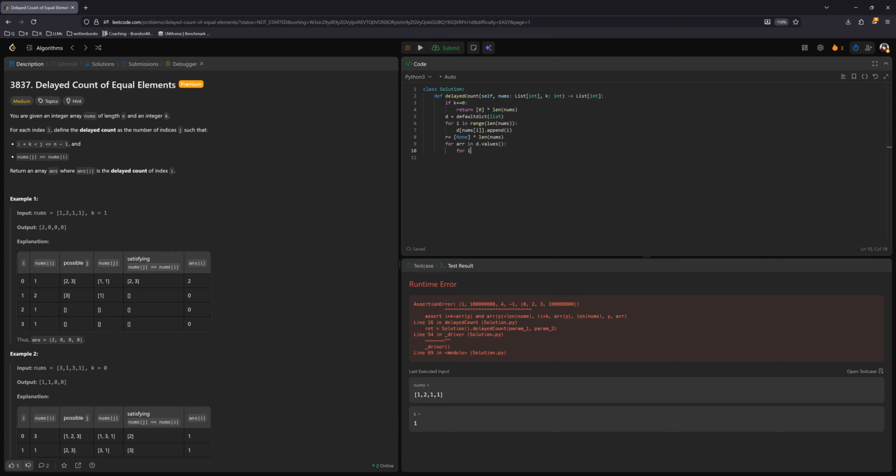Okay, so for I in range length ARR, right? Okay. Max acceptable value is ARR of I plus K minus 1. Right? That's what it is, right?